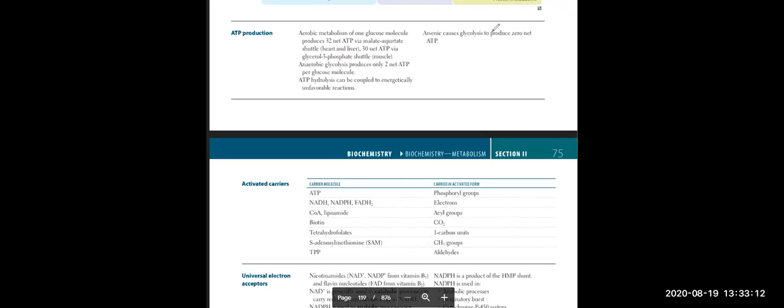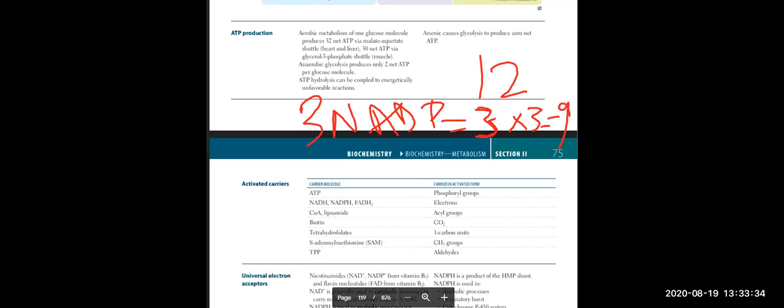So please remember, from the TCA cycle you are getting 12 ATPs in total. Okay, so you are getting 3 NADH. Okay, 3 NADH means 3 threes are 9. Okay, 9 ATP, because 1 NADH is equal to 3 ATPs.